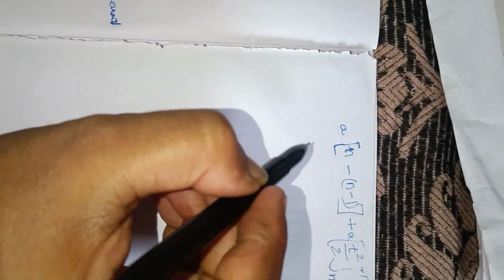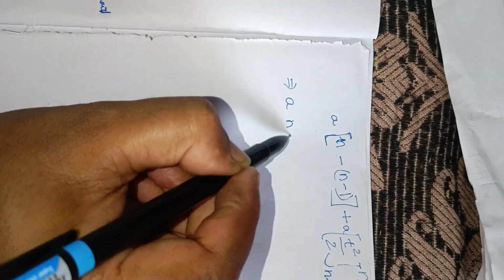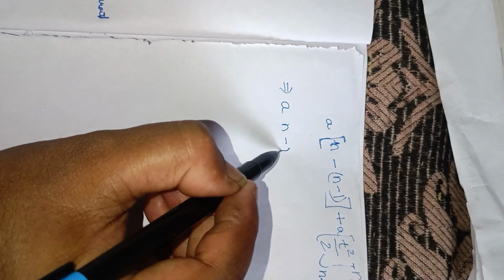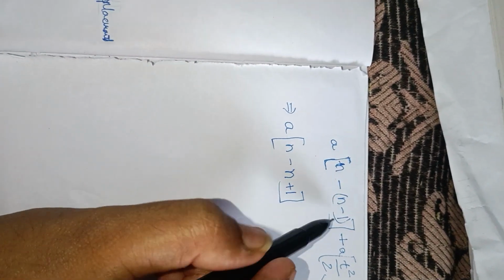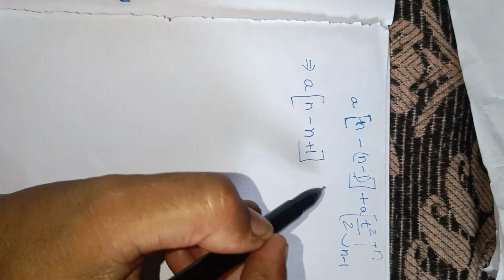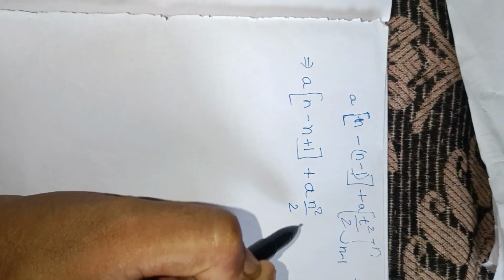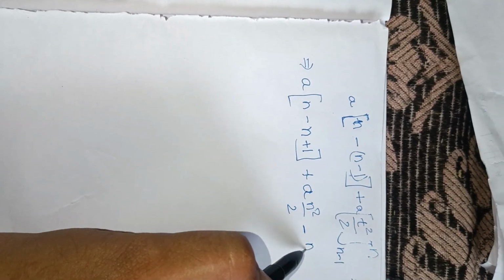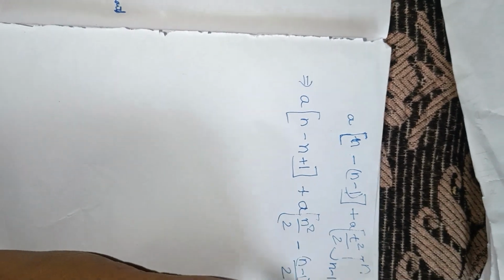And for ds, we can write it as s with limits s n to s n minus 1. So let us apply the terms: a times n minus n plus 1, hence the bracket is removed. We can also write it as a times n square by 2 minus n minus 1 whole square by 2. I hope you will be very clear.